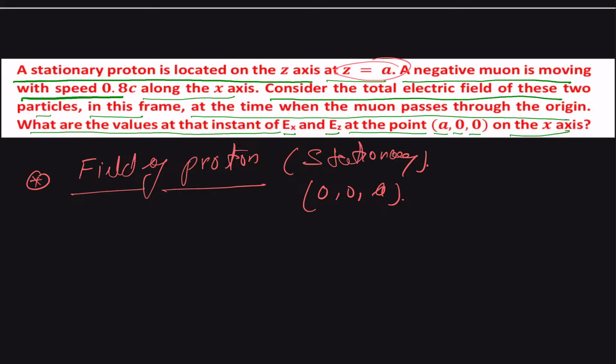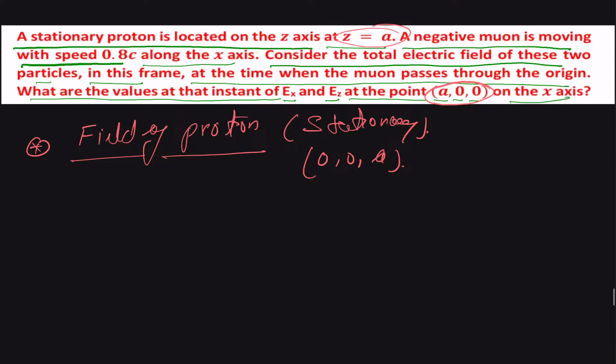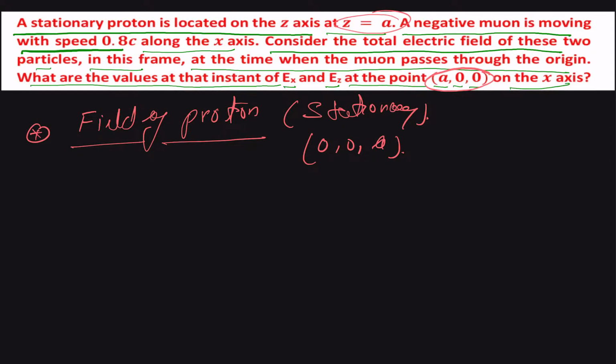And the field point is a, 0, 0. So we have to find out the distance between the two. So our proton is at 0, 0, a and our field point is a, 0, 0.